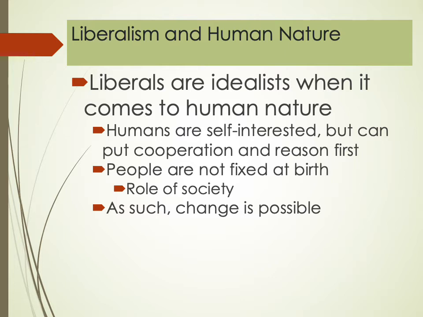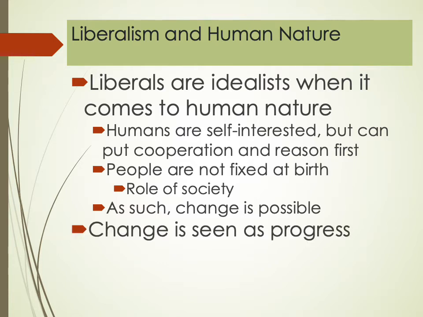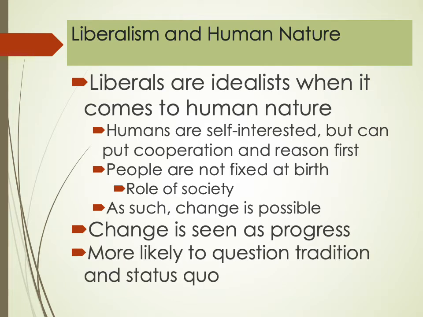So liberals are more idealistic in that way, as they think that human nature can be shaped by society for better and for worse. Liberals, when it comes to human nature, see the capacity for change as something that's positive, something that's good. So usually liberals, when it comes to human history, see change moving in a progressive trajectory.